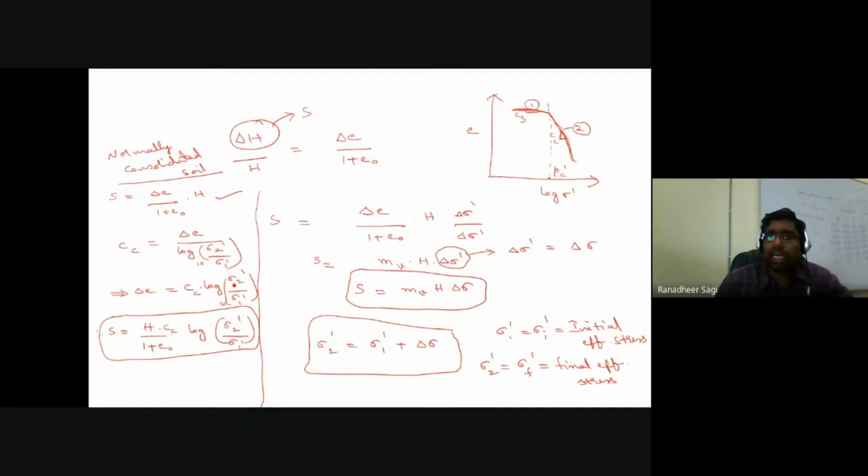Next, if the settlement we are trying to look at is in the case of only the over consolidated region, let's say the initial effective stress is some stress value here on your curve. Because of the stress increment of delta sigma, let's say my final effective stress point also corresponds to the over consolidated region only.